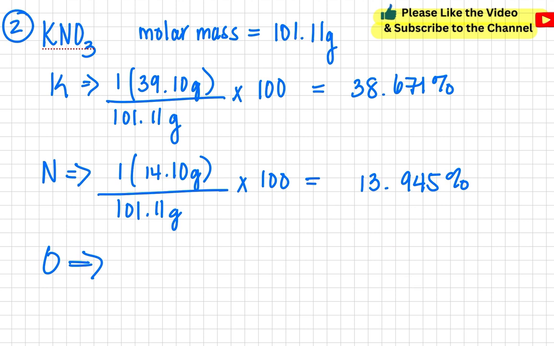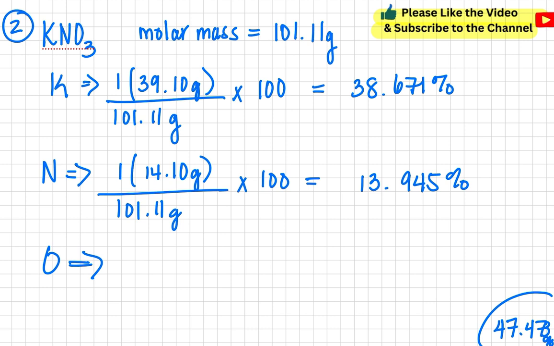I'm going to add 38.671 plus 13.945, and then subtract that from 100. That supposedly means that the balance should be 47.473%.